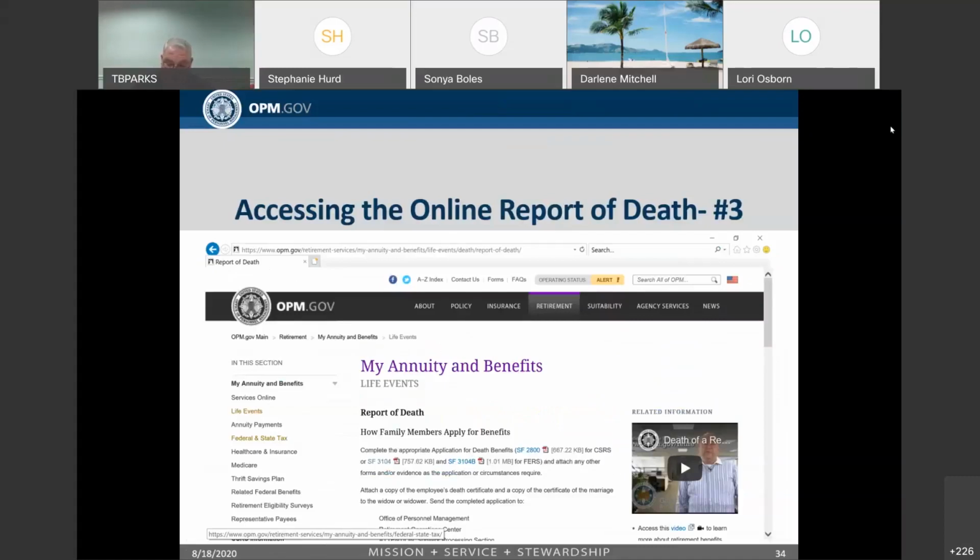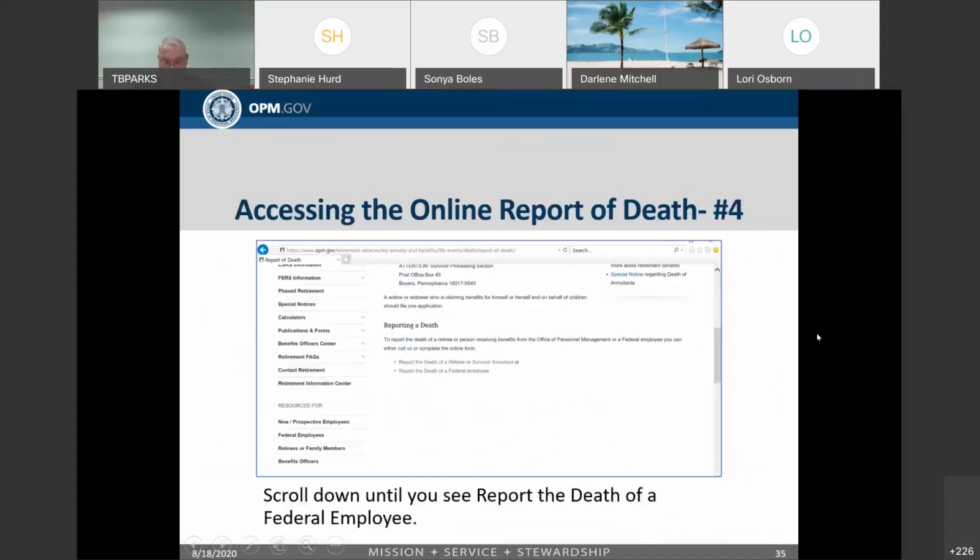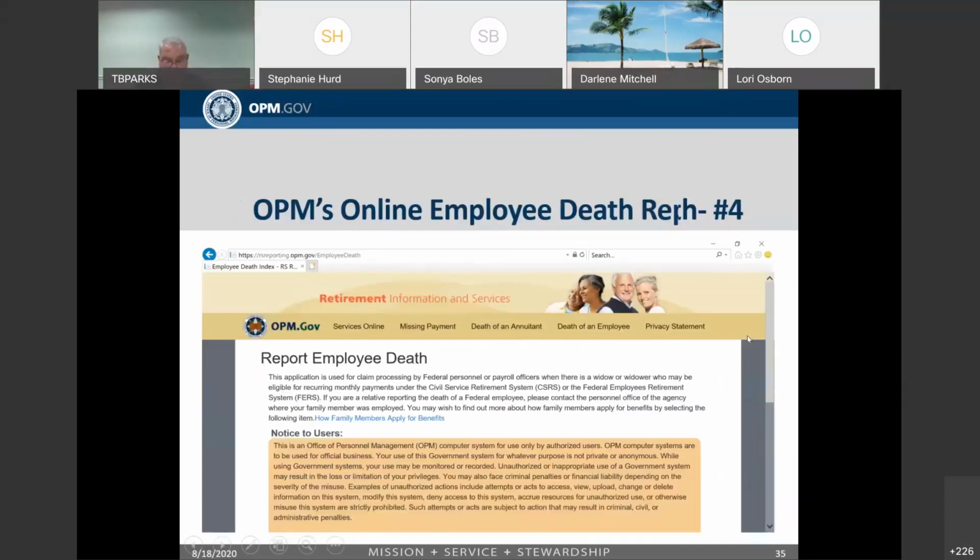The page also has the applications that would need to be completed. Scroll down until you see the report of the death of a federal employee. And this is going to take you to the beginning of the report.